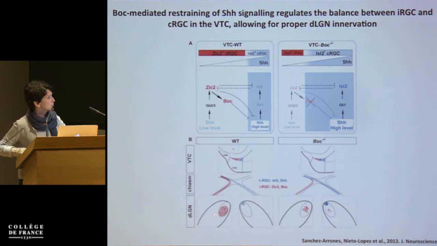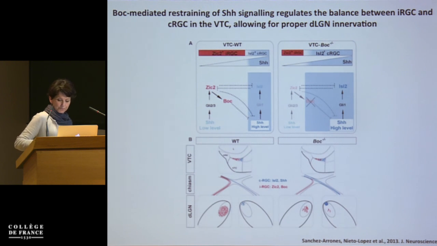Normally, ventrotemporal ipsilateral projecting cells cluster in this region of the DLGN, while contralateral cells from this region cluster in the very tip of the lateral geniculate nucleus. In Boc mutant, there is a dispersion of ipsilateral and reduction of ipsilateral retinal ganglion cells and an increase of the cells that project contralaterally.